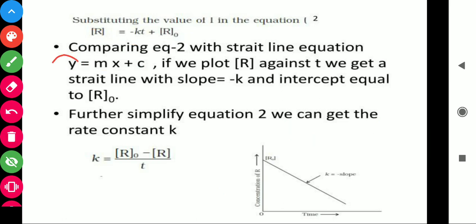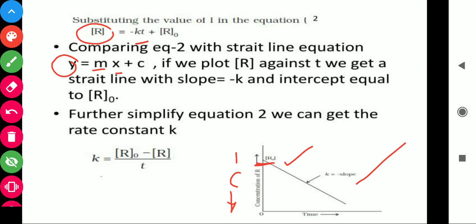The value of y is R, concentration. This point shows the intercept c, which is R naught, k is the slope, and this shows time, with concentration taken on the y-axis and time on the x-axis. This is for the zero order reaction.